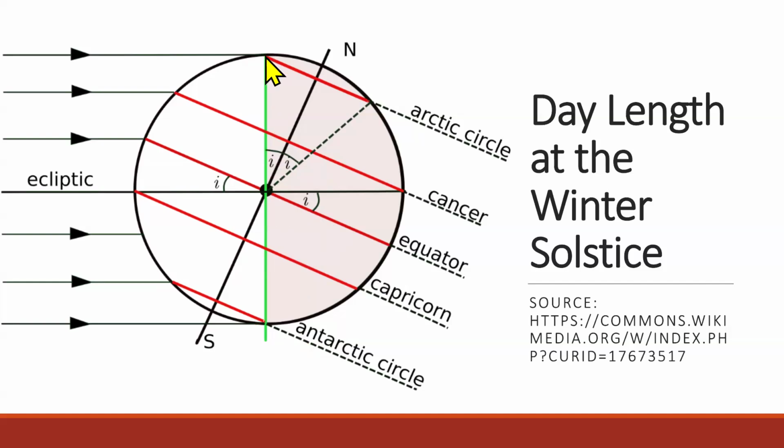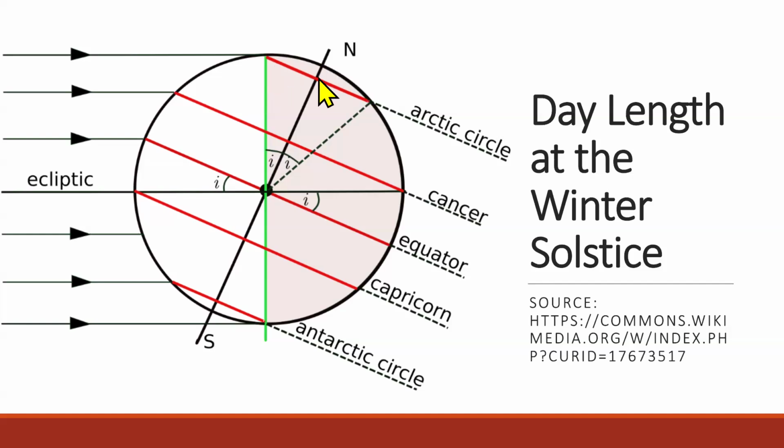All right, so if we go up to the Arctic Circle, you'd see that as the Earth is spinning around, at no time during the day is any of the landmass that's north of the Arctic Circle going to get any daylight at all. All right, so during a period of winter, we're going to have only darkness above the Arctic Circle.